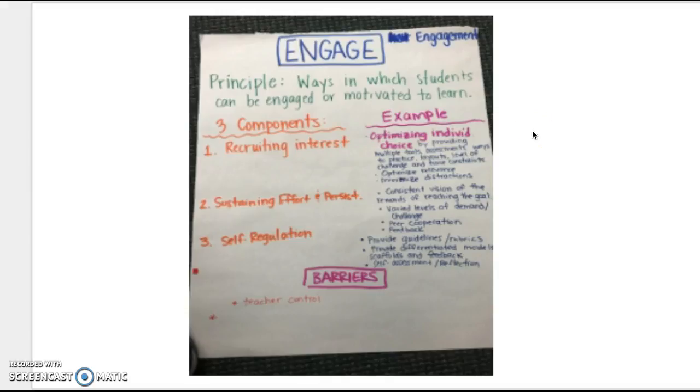So the group that had this included recruiting interest. So if students are not interested in what you're doing, what are some tools that you can put in place, or some strategies or some resources that you can have in order to help students become more engaged?